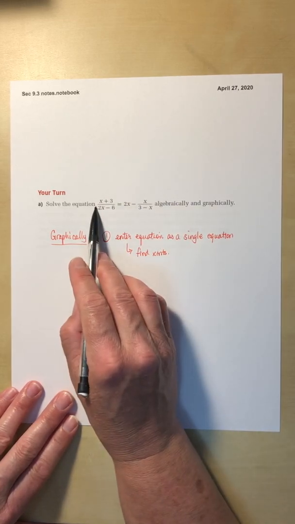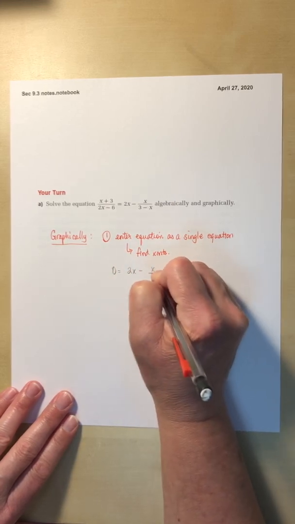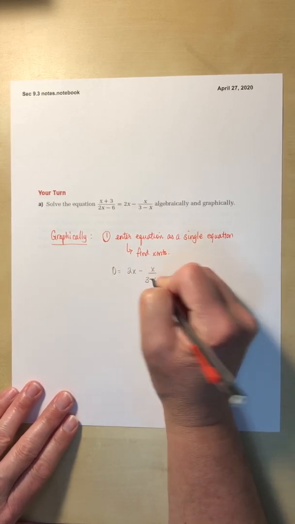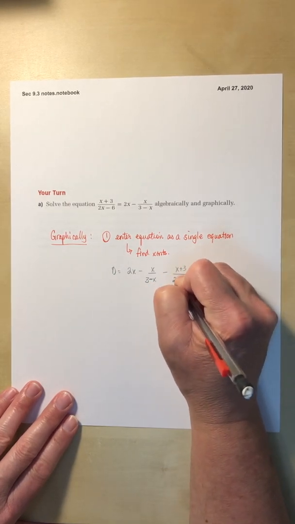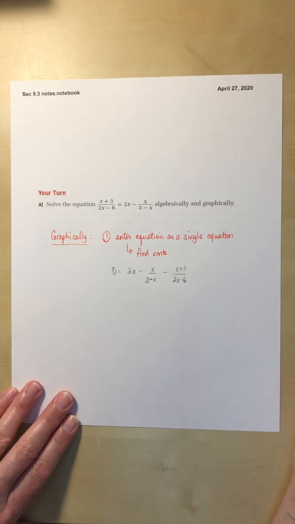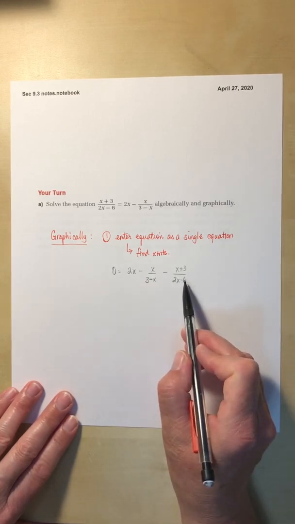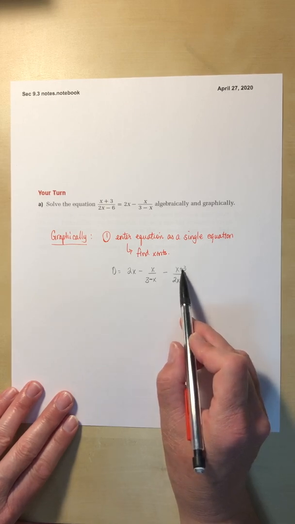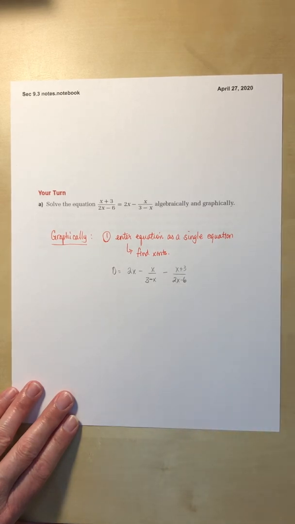This fraction is positive, so when I move it to the other side, I would just subtract that whole fraction, something like that. So when I go to enter the equation into the graphing calculator, I need to make sure again that I put the numerators into the calculator in brackets, dividing by the bottom one.